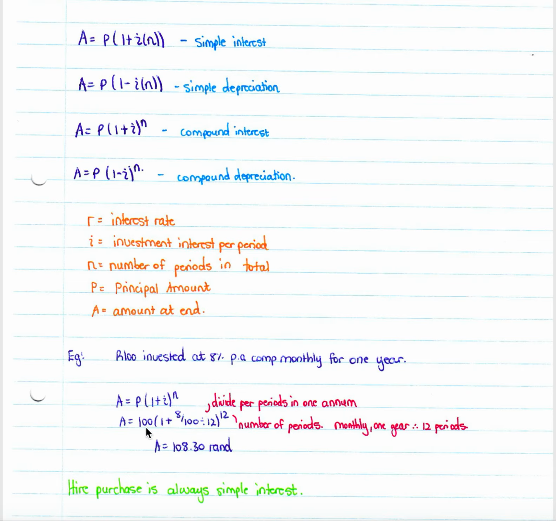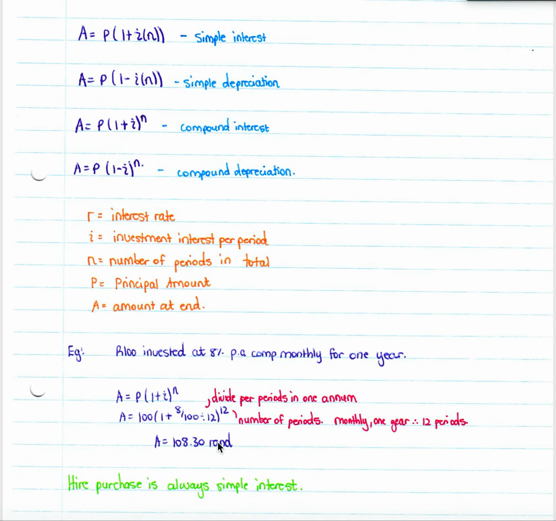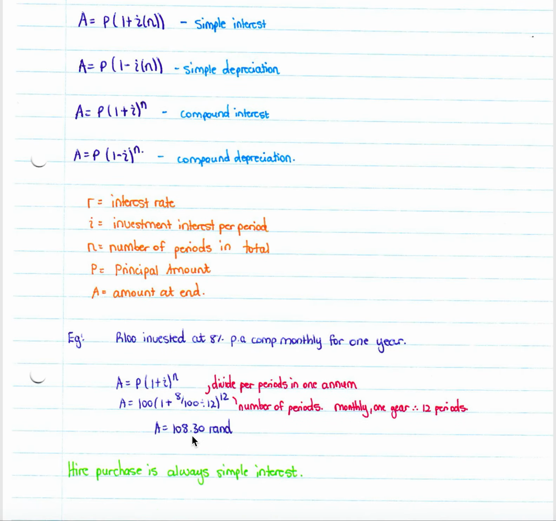So the amount at the end equals 100, that's the amount you put in, times 1 plus 8 over 100, because it's a percentage, divided by 12 because it is monthly and there are 12 months in 1 year. 12 being your number of periods because there are 12 periods in a year. The periods are your months. That is why your exponent is 12. And your amount at the end of the period would therefore be 108 Rand 30 cents.